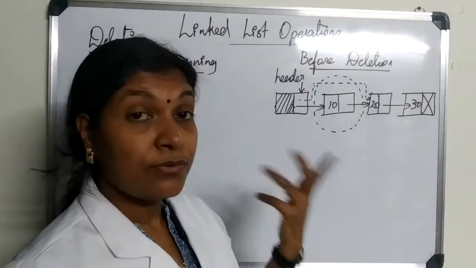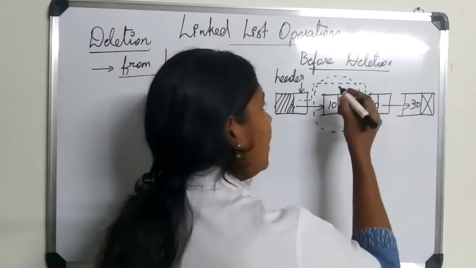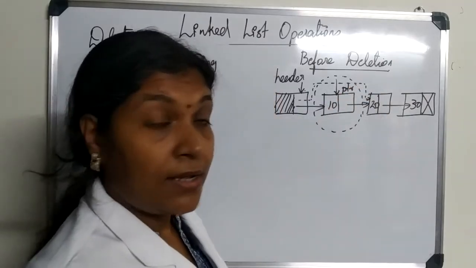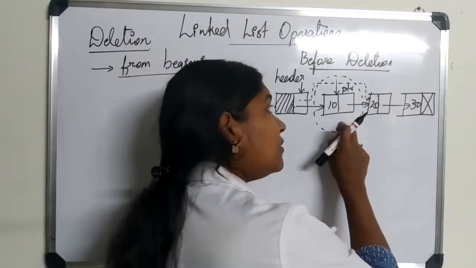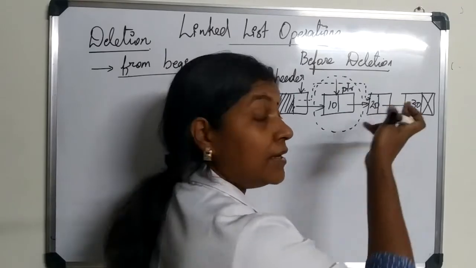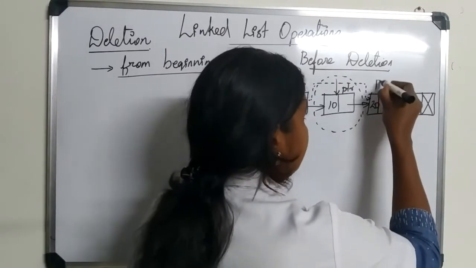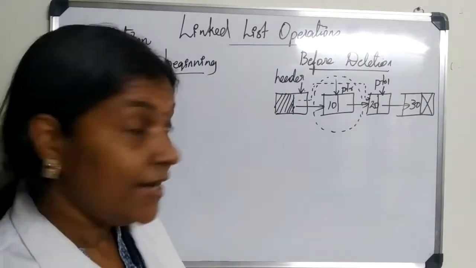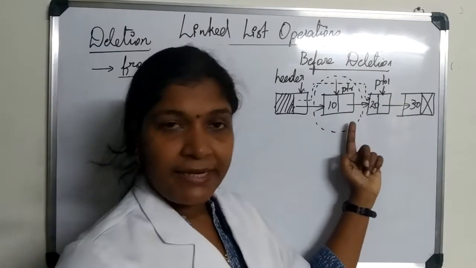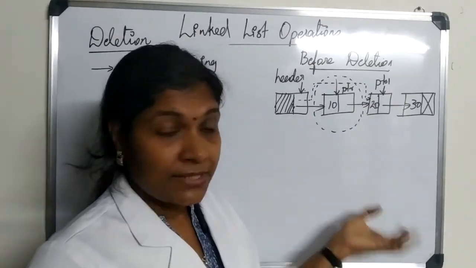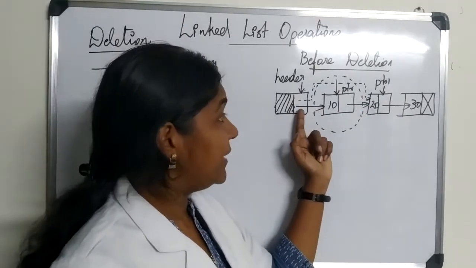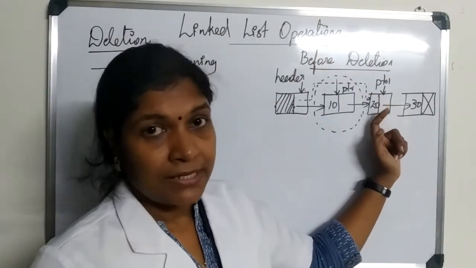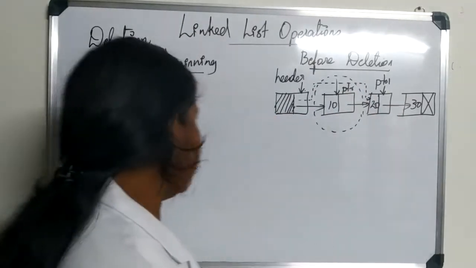To solve that problem, we know how to assign a name PTR here, right? And if it has got a name, then we can assign a name for the next node also, say PTR1. Now the things are easy, right? We are going to delete the node PTR, and next we need to reset the pointer of header dot next to PTR1. Clear? So it is very easy.